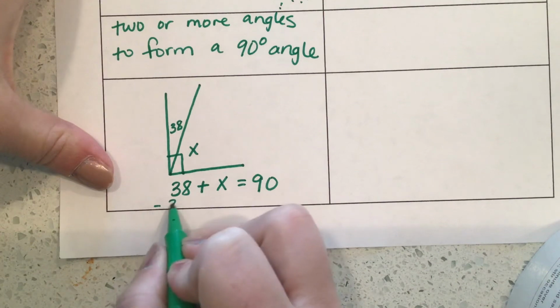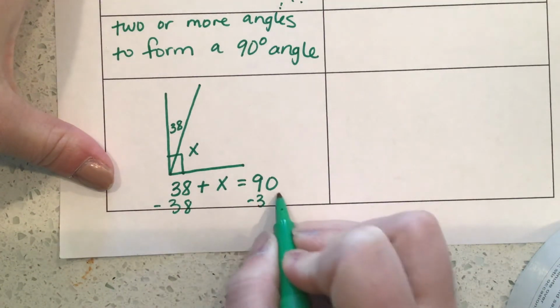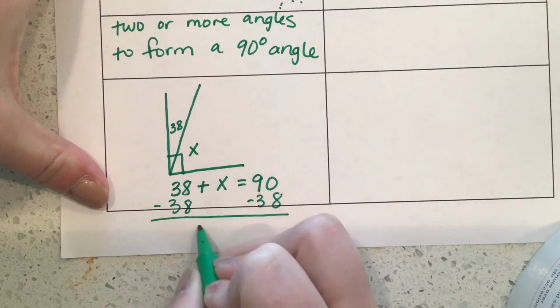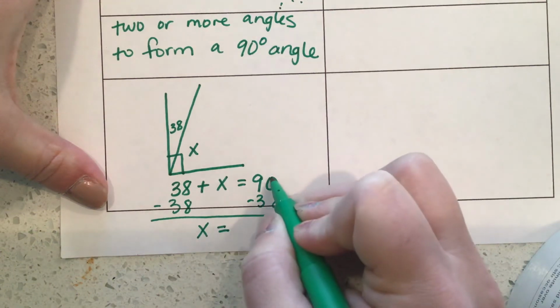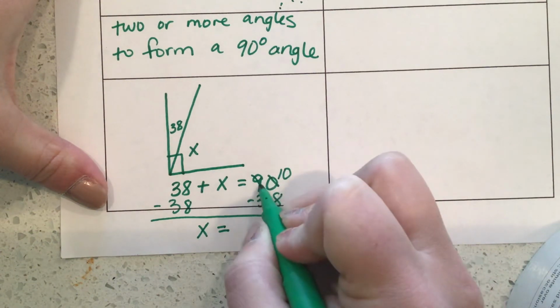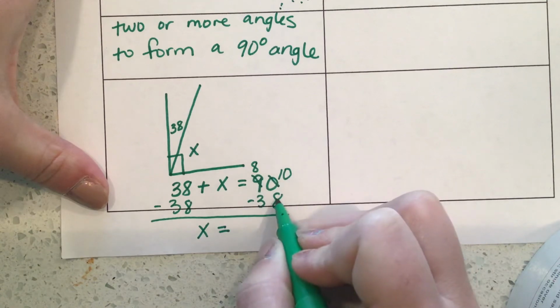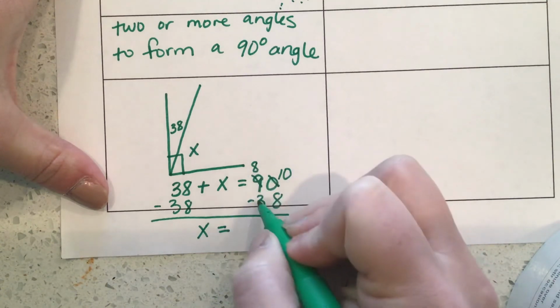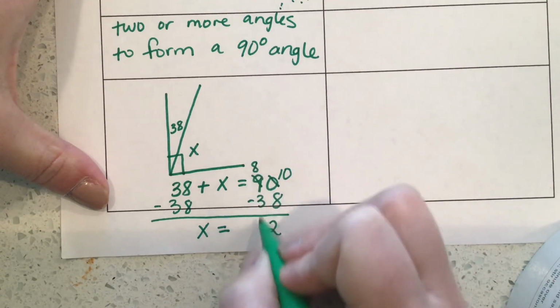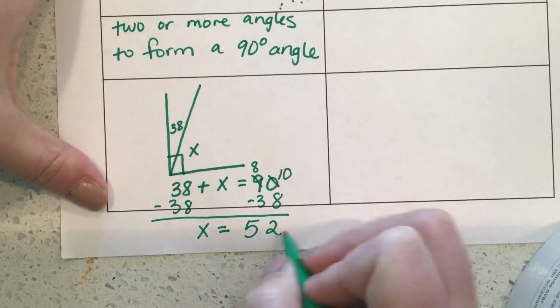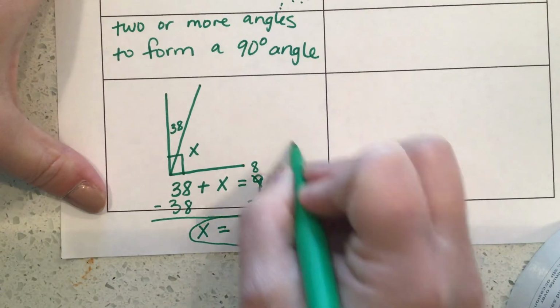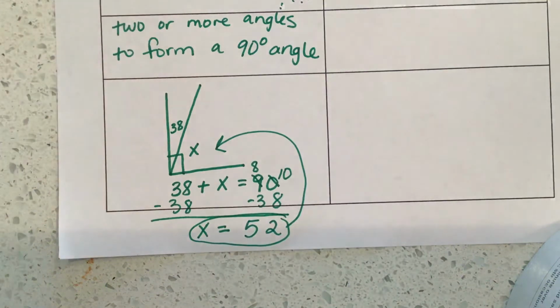So you would subtract 38 from both sides. And you would get x equals, we're going to have to do some borrowing here. This is going to be a 10. This is going to become an 8. 10 minus 8 is 2. And 8 minus 3 is 5. So this measurement right here is 52 degrees.